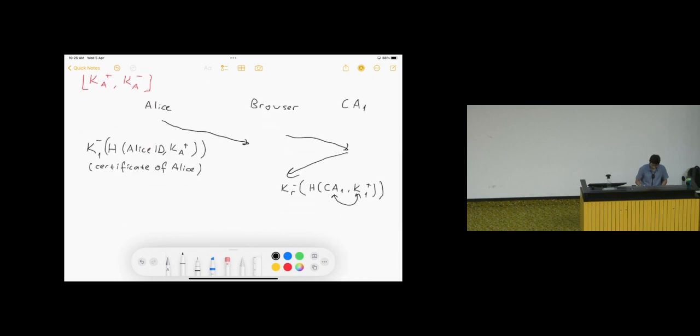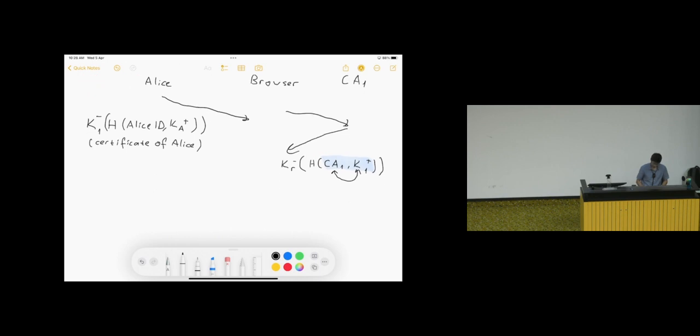So after verifying that, you will be certain of this binding. And now that you know K1 plus, you can verify this signature and establish that Alice indeed has KA plus as her public key.